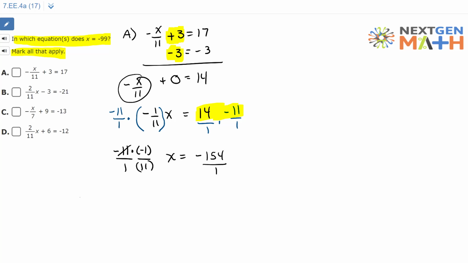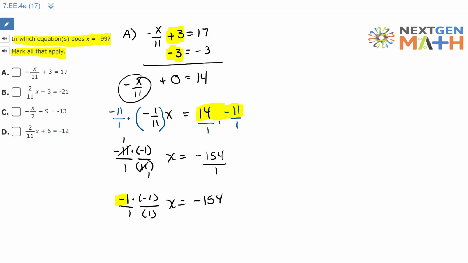On the left side, we can cross cancel, so 11 over 11 becomes 1 over 1. We rewrite this one more time: negative 1 times negative 1 over 1 multiplied by 1, and we have x equals negative 154.